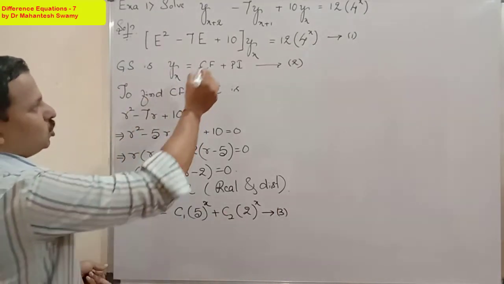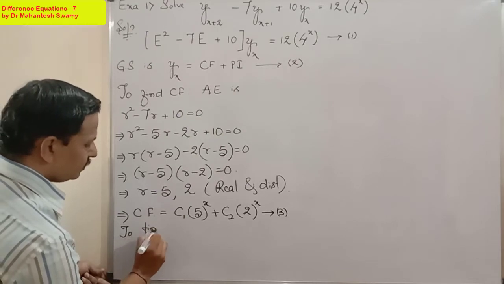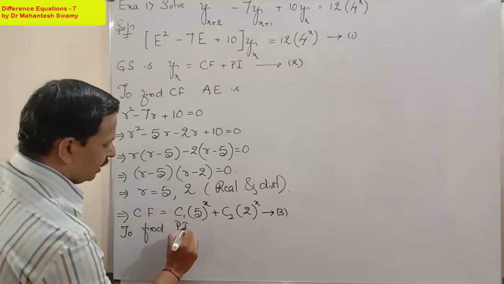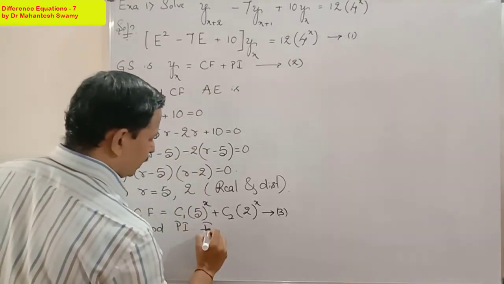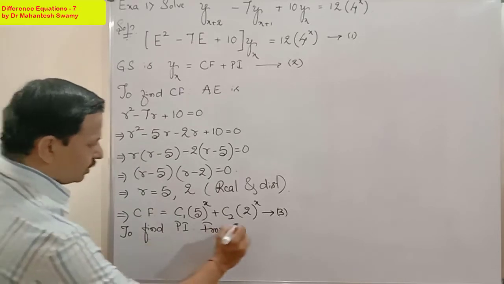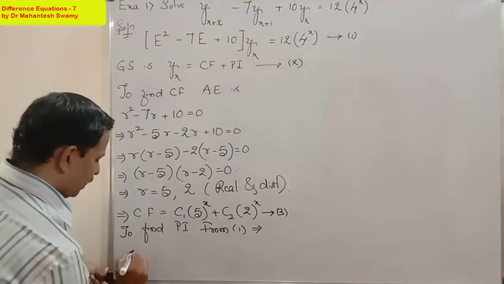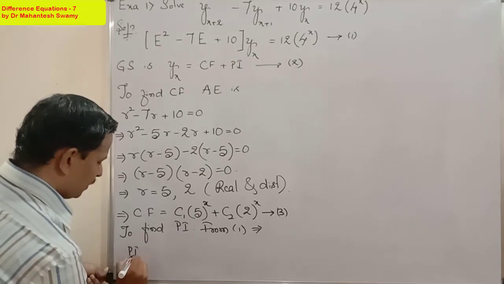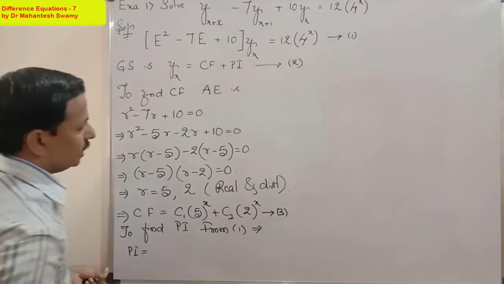Now the next job is to find the particular integral. To find the particular integral, what we need to do? We need to use equation number 1. From equation number 1, this we will take as the particular integral, and that equals this entire thing transferred to the right hand side.